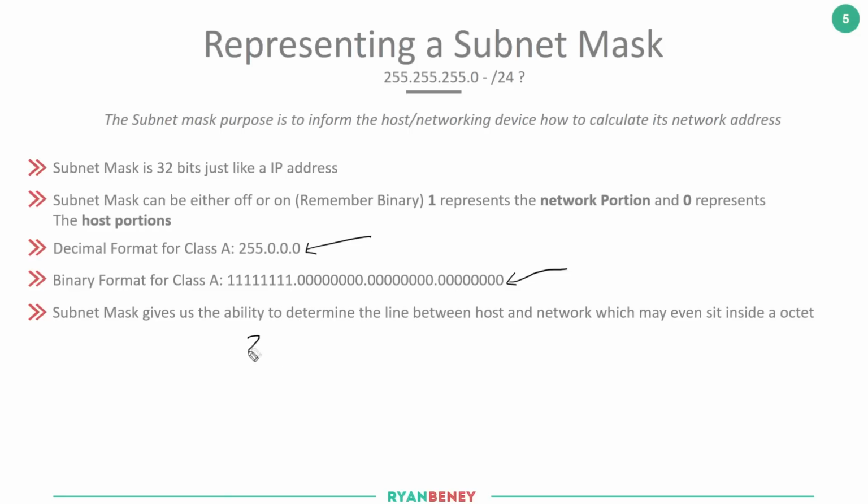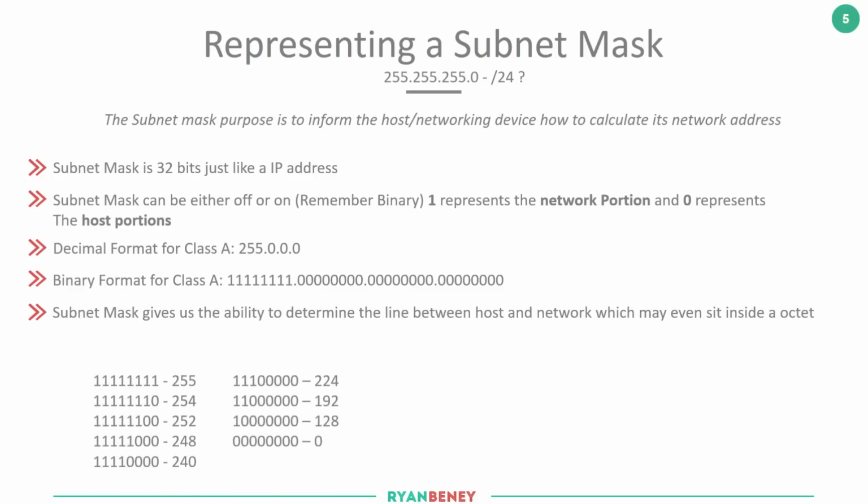The reason for that is because if I give you something like 255.255.255, you can't split 255 in the middle because it's a decimal number. So when we convert it to binary, what we can do is decide what bits we want off and on. An example of that is this chart, where we can see that in this particular octet we have all the bits turned on, therefore it equals 255.